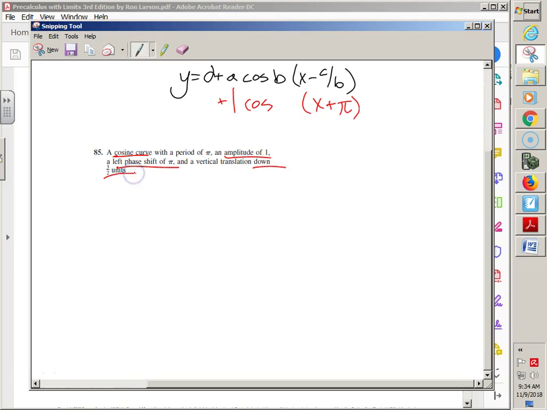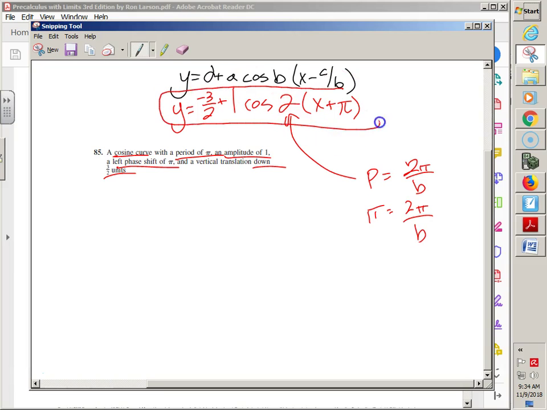Vertical translation down, so -3/2. All I'm missing is p equals 2 pi over b. What hint do they give me? What does pi need to get divided by to be pi?